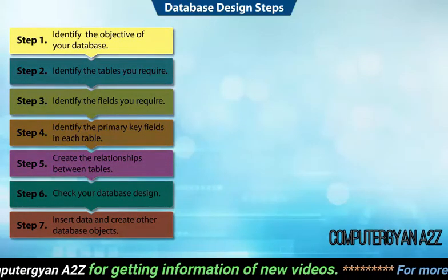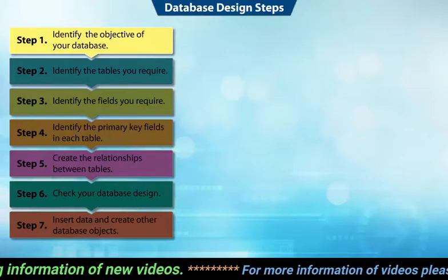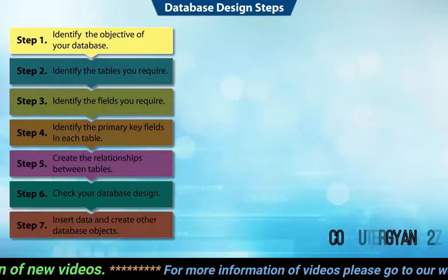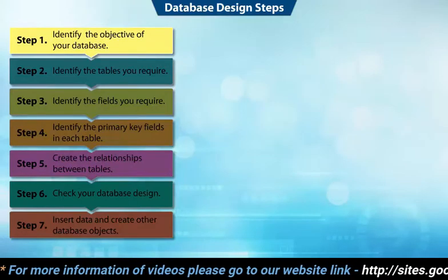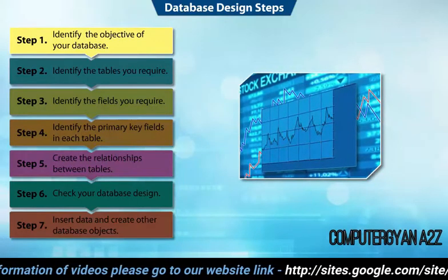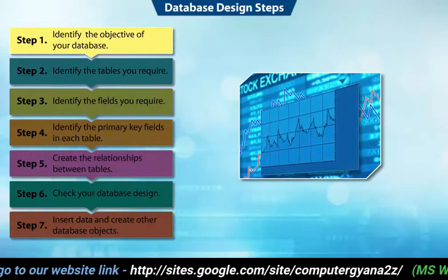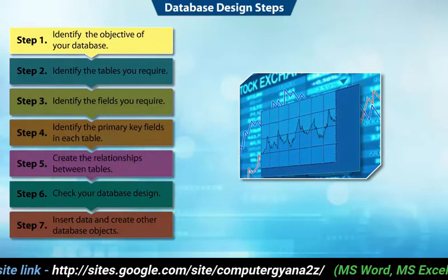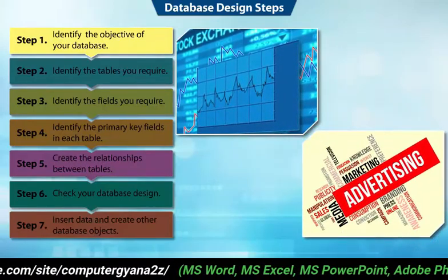The first step in database design is to identify the objective of your database or the purpose for which the database will be used. For example, a database that stores stock quotes to help analyze market trends will be different from one that stores images to be used in advertising.